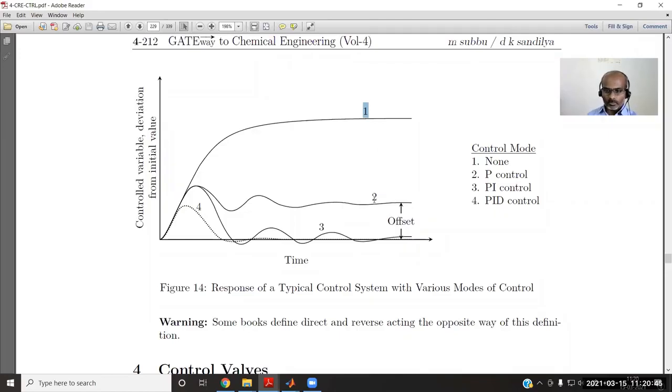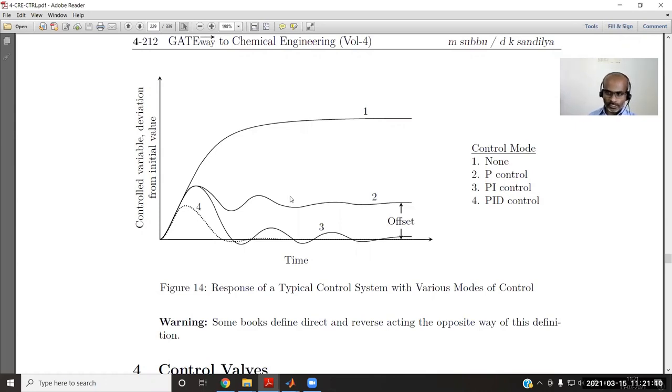With P control, there is an offset still remaining. And with I control, we could eliminate the offset, or P plus I is eliminating offset. Even with I itself, we can eliminate the offset, but P is sometimes useful to make the response faster.